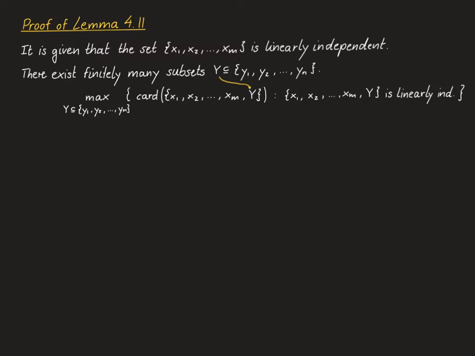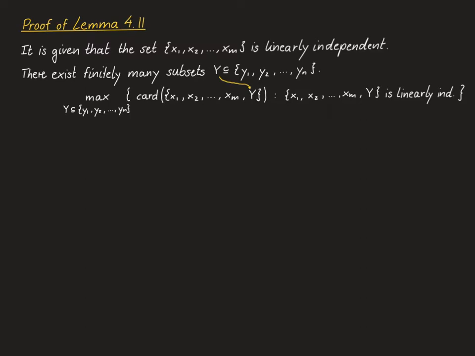To say this again, in other words, we try all possible subsets of the set y1 through yn in combination with the set of vectors x1 through xm, and we only keep those which are a set of linearly independent vectors, and of all of those which form a linearly independent set with x1 through xm, we keep one that maximizes the cardinality of this set.